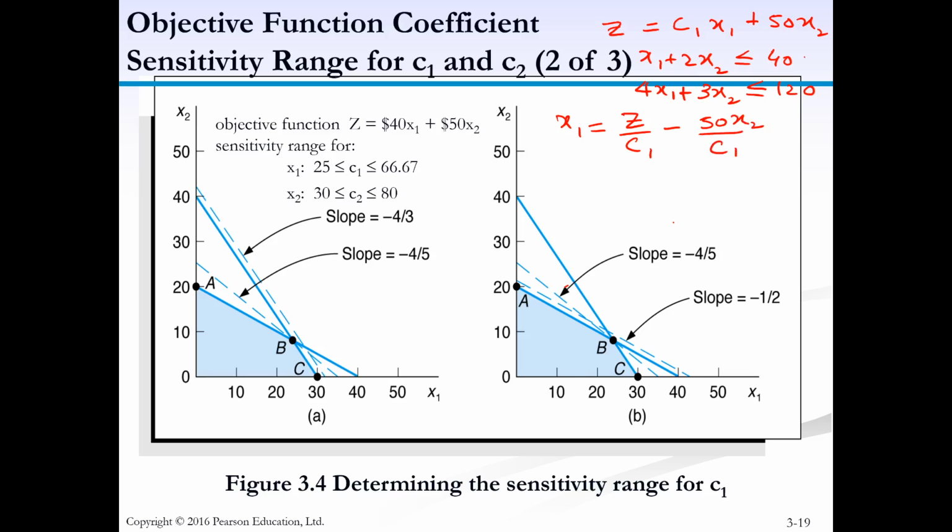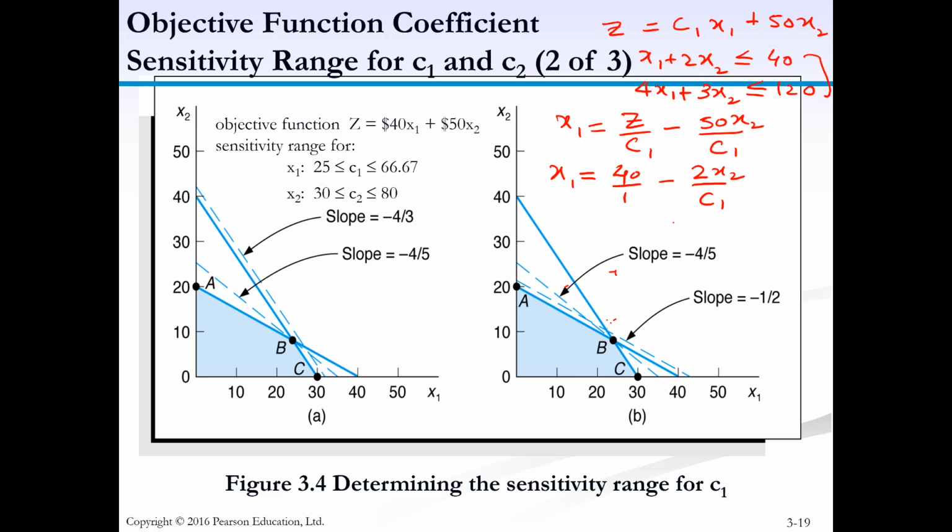Let's do the same for the two constraints. For the first constraint, x1 is equal to 40 over 1 minus 2x2 over 1.